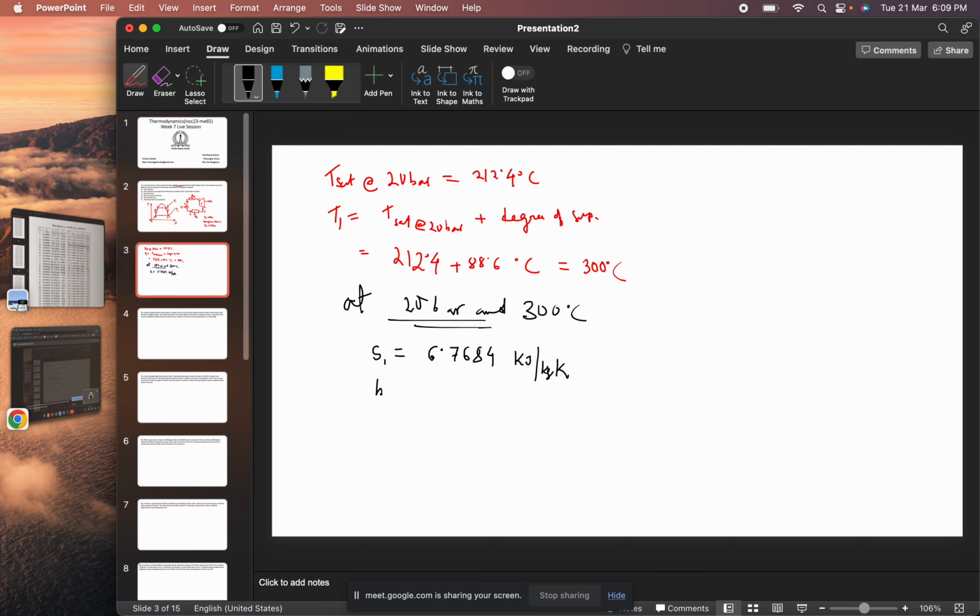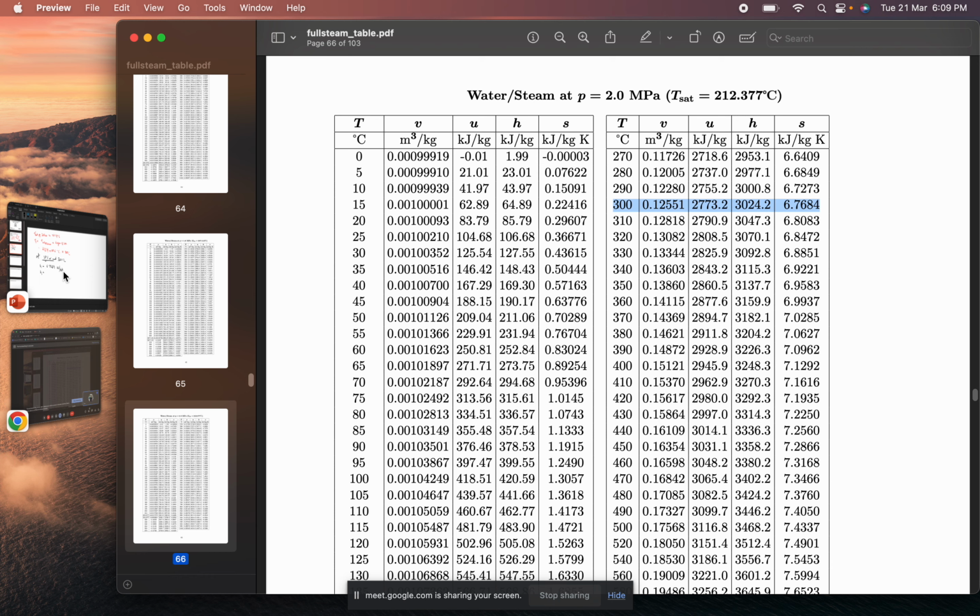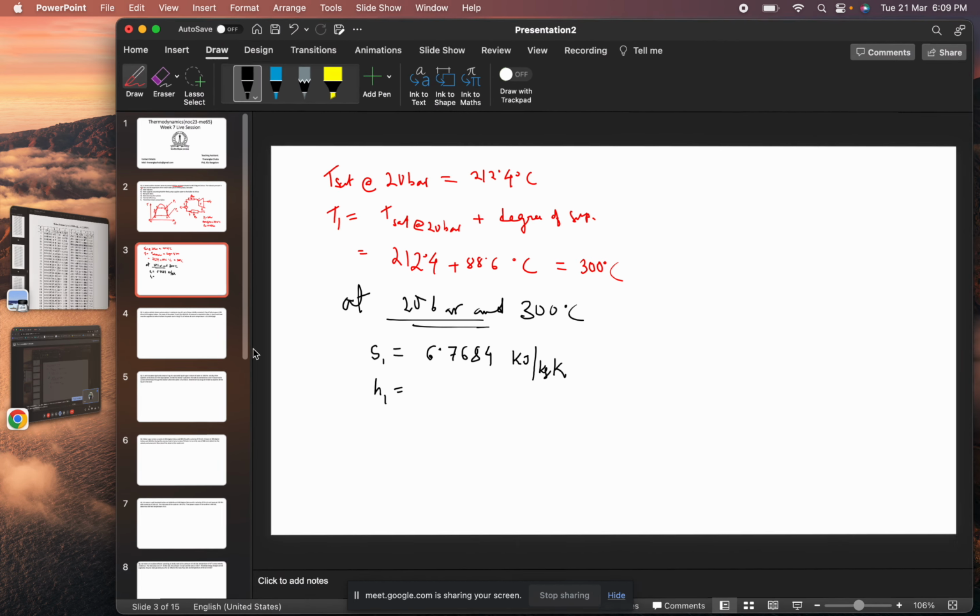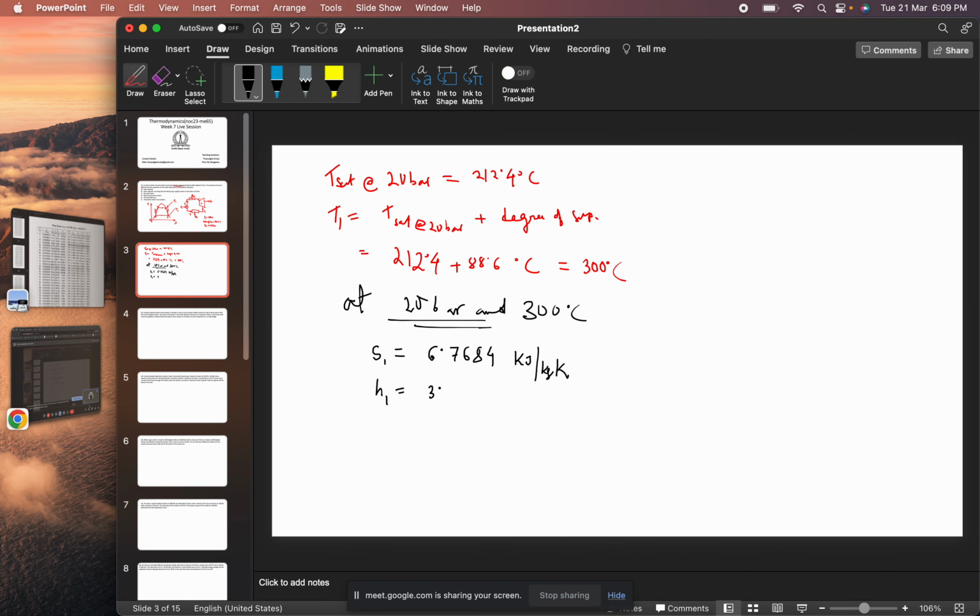Okay, and H1 we got 3024.2 kilojoule per kg.